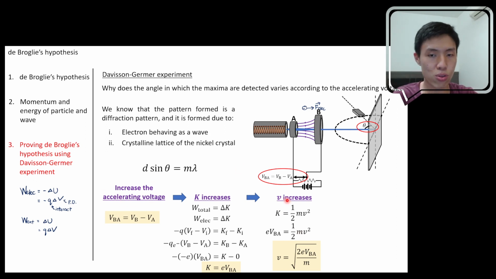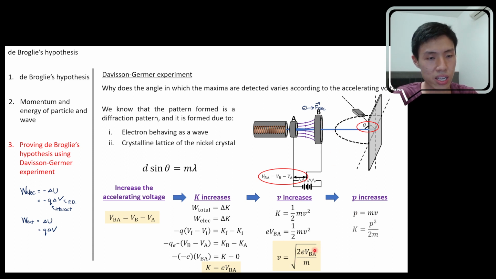We can progress further to say that this increase in speed when it exits this electrode means the electrons that come out from this electrode are going to have a greater momentum, because p equals mv. If we have a greater speed, that means we have a greater momentum coming out from the electrode.